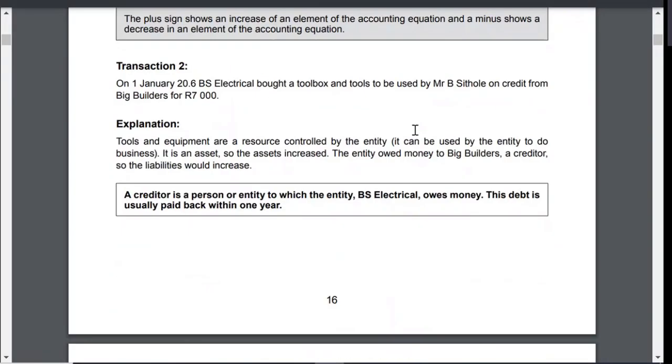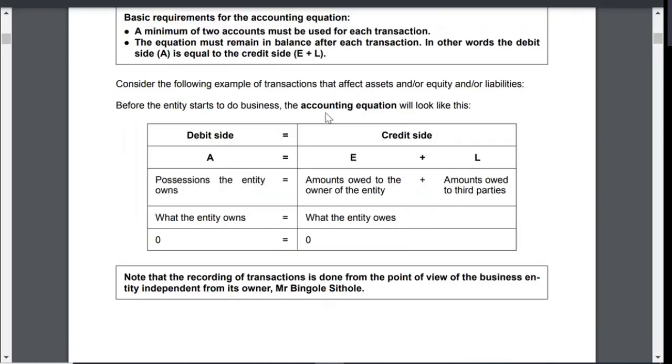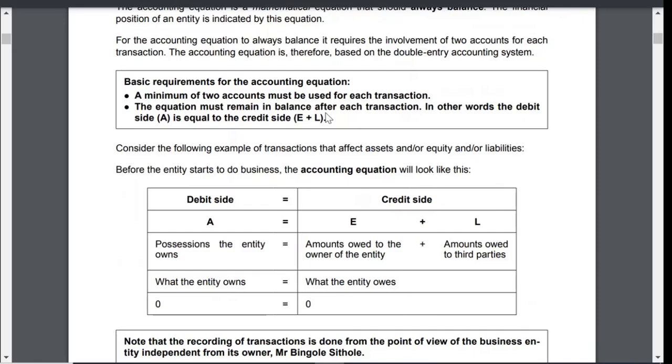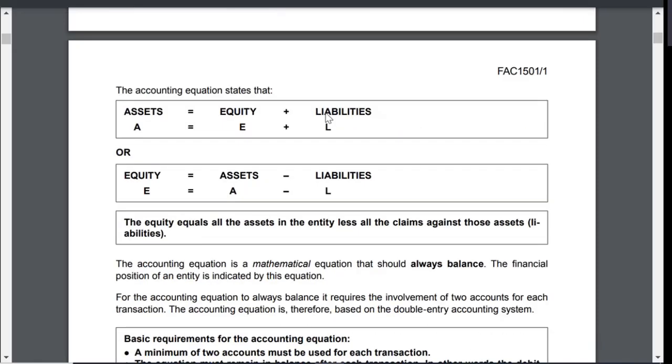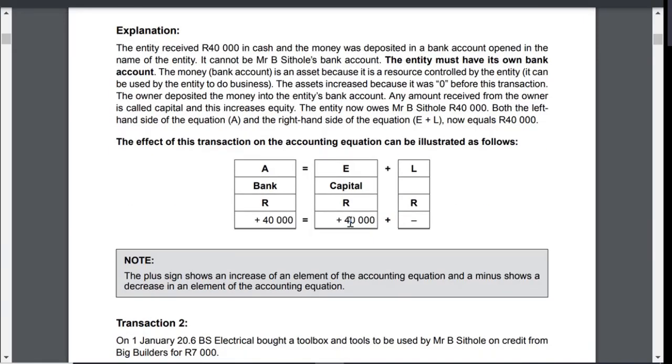So transaction number 1, let's go back to transaction number 1. One thing: assets can be split into current assets and non-current assets. Liabilities can be split into current liabilities and non-current liabilities.